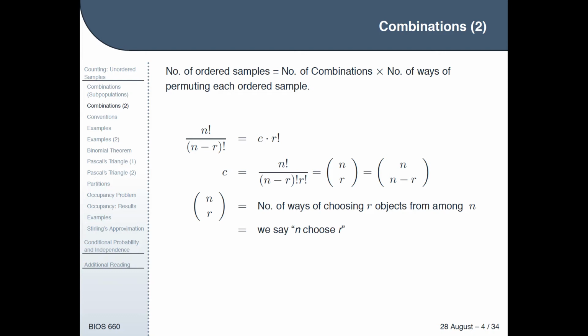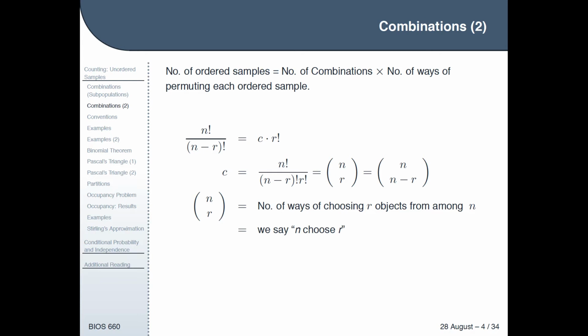In general, the number of ordered samples is equal to the number of combinations times the number of ways of permuting each ordered sample. In other words, based on Tuesday's formula, n factorial over n minus r factorial will be equal to the number of combinations times the number of ways of ordering each sample, which is just r factorial. It's the number of ways that you can permute r things.